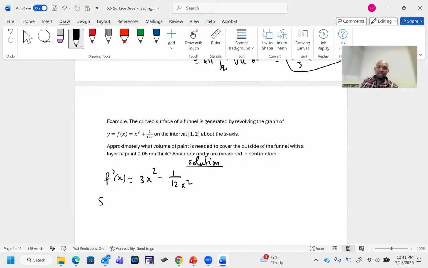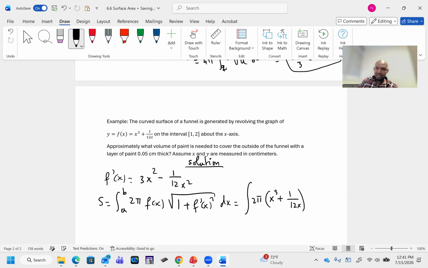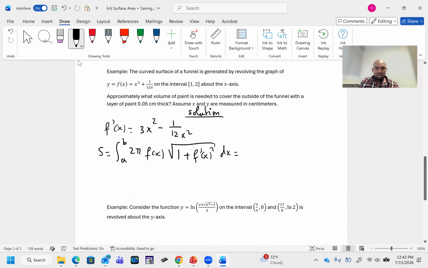So my S, which is the integral from a to b of 2 pi times f of x times the square root of 1 plus f prime of x squared dx, will just be 2 pi times x cubed plus 1 divided by 12x times square root of, or let me erase this one, I will put it back down, okay? Because this space is small.